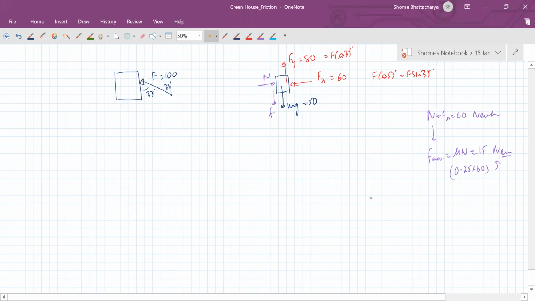So now you can see that again Fy minus mg is 30 newtons, and that is greater than maximum friction. So there is acceleration upwards. So it's a similar situation, only the value of acceleration will be different. So Fy minus mg minus kinetic friction will become ma.